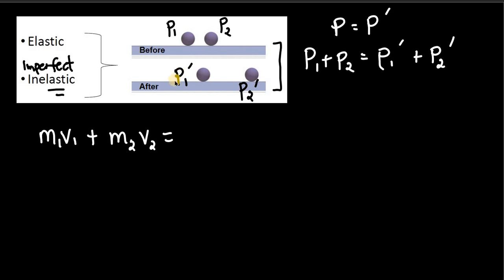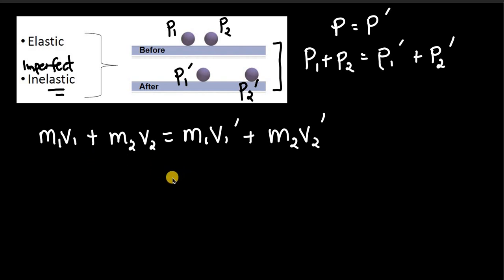So again, only the velocity of the objects will change. We will have m1 v1 prime, meaning the object has its new velocity after the collision, plus the second object, m2 v2 prime. Again, prime indicates that this is after the collision.